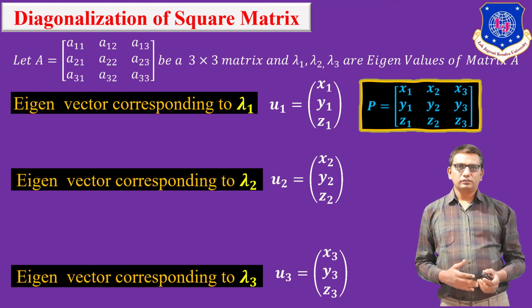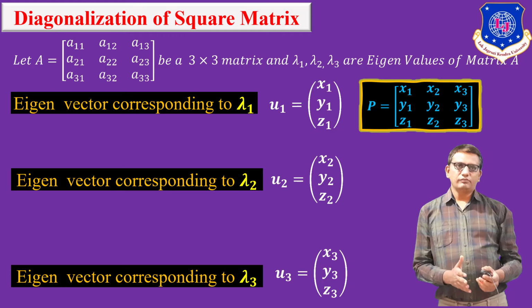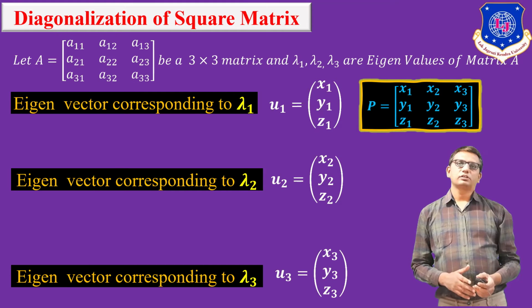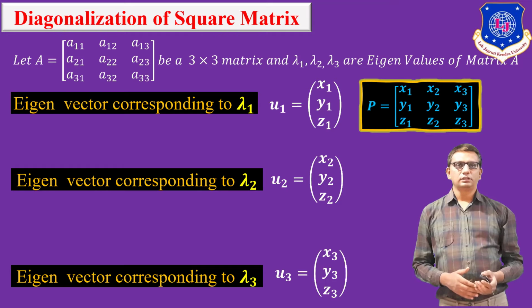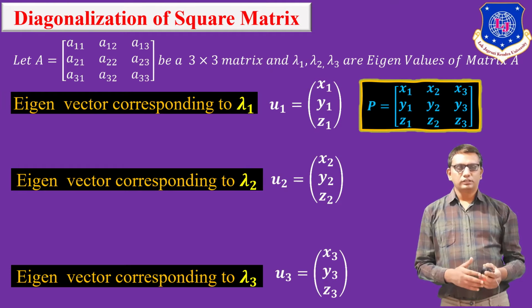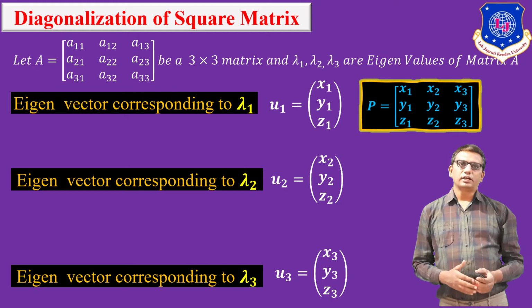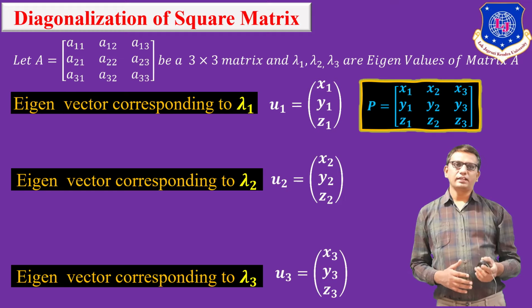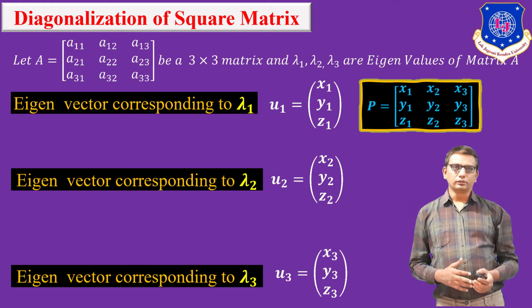Here remember that we have to maintain the order of eigenvectors. It is necessary for the diagonalization of square matrix. We can interchange the order of eigenvectors, but remember it at the multiplication level. Here we write the first eigenvector u1 in the first column, second eigenvector u2 in the second column, and third eigenvector in the third column.